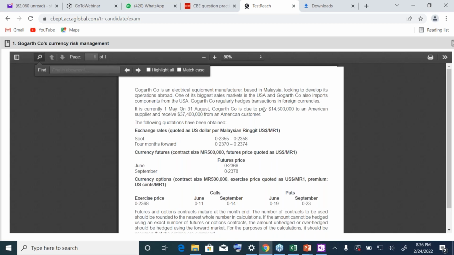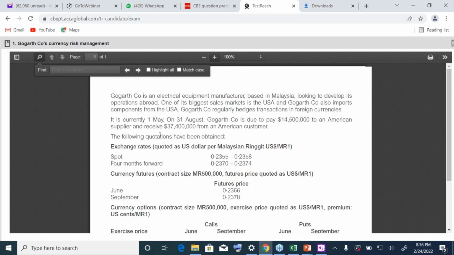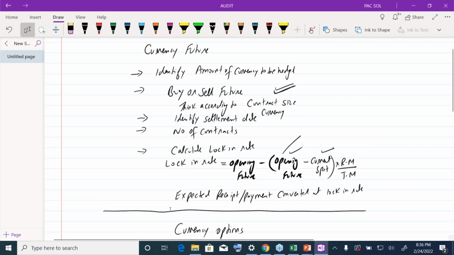Company is due to pay 14.5 million and company is due to receive 37.4 million.